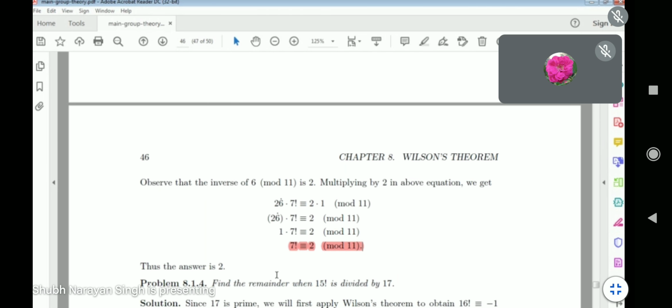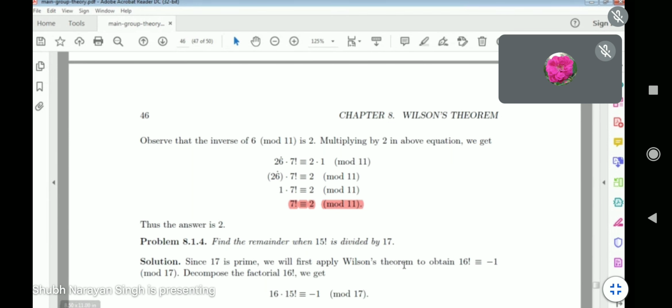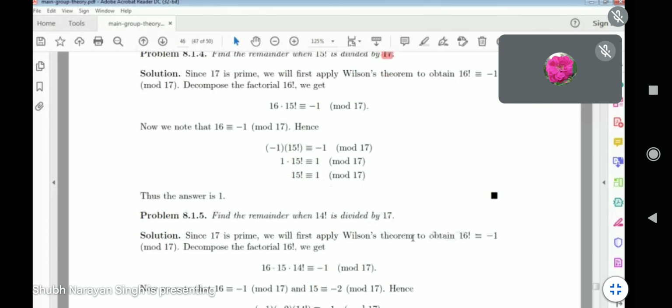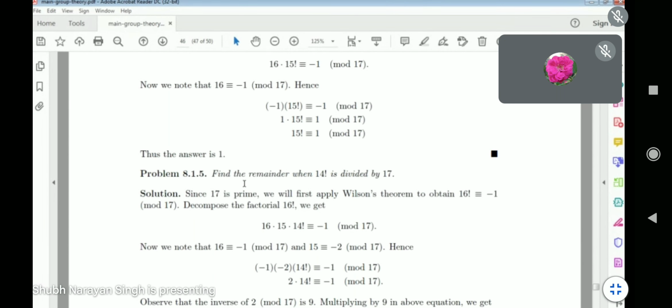Now I change the prime p. Instead of p equal to 11, I take p equal to 17, and ask the same question: what is the remainder when 15 factorial is divided by 17? I also solved this one, please read the solution. Also I ask what is the remainder when 14 factorial is divided by 17.